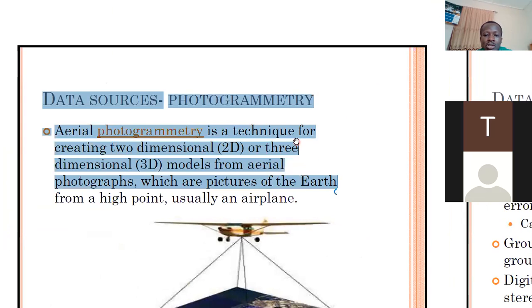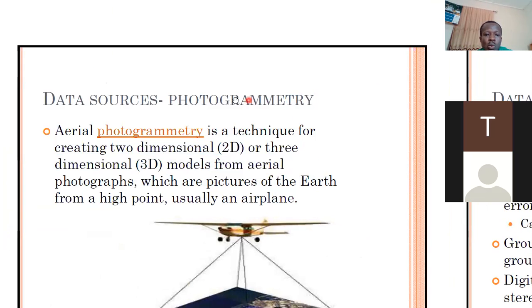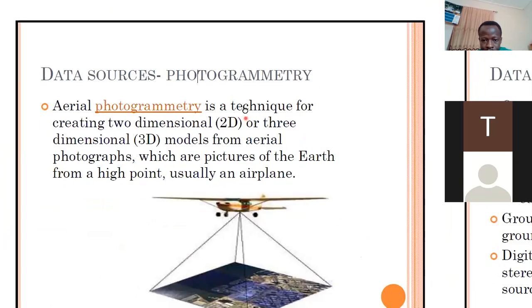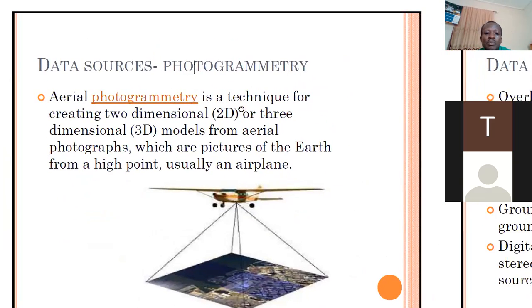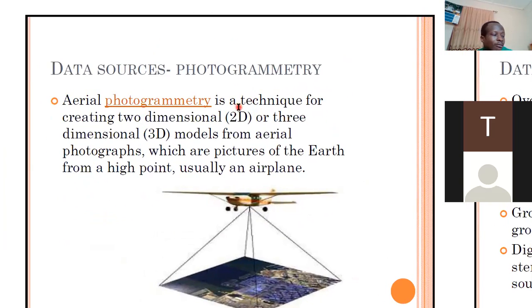There's another primary data source, also called photogrammetry. This one may not be familiar to a lot of people, but you can fly over an area and take pictures, and that's enough for you to obtain the three-dimensional coordinates for almost every object that appeared in the photograph. That is called photogrammetry or aerial photogrammetry.